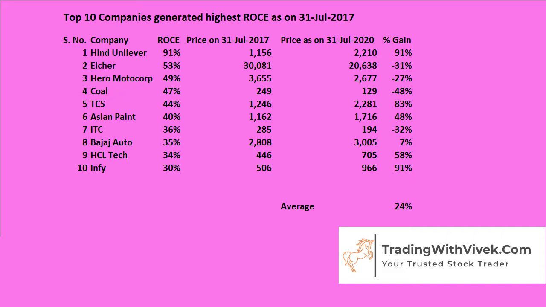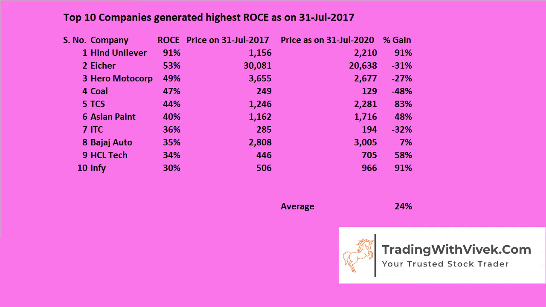Hindustan Unilever had generated 91% ROCE, Eicher Motors 53%, Hero MotoCorp 49%, Coal India 47%, TCS 44%, Asian Paints 40%, ITC 36%, Bajaj Auto 35%, HCL Technologies 34%, and Infosys 30%. So these are the 10 companies that had generated maximum return on capital employed, and the prices are given here.